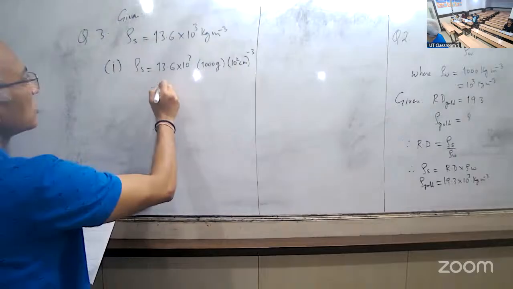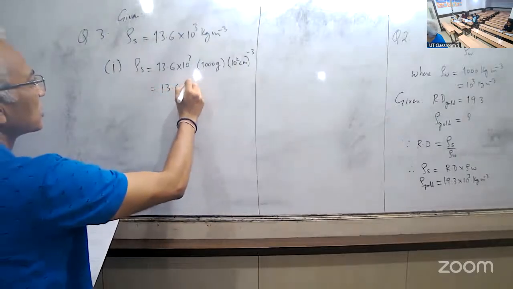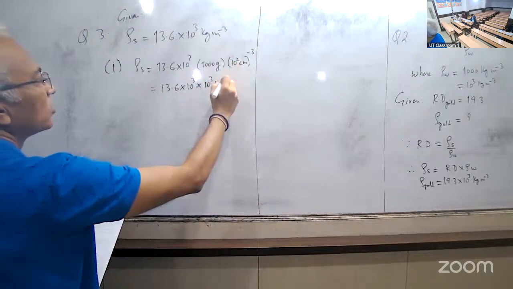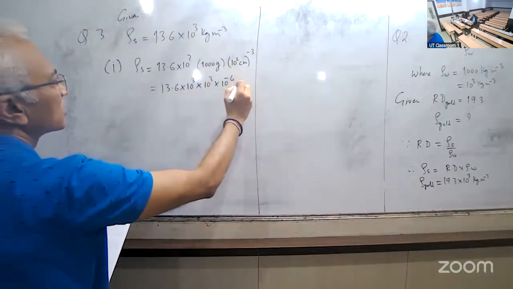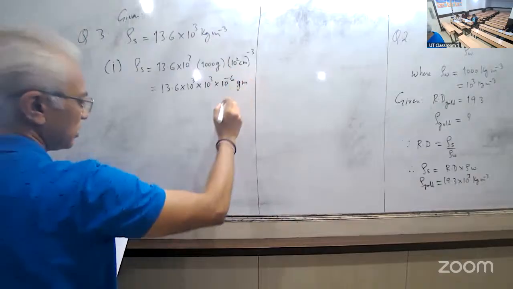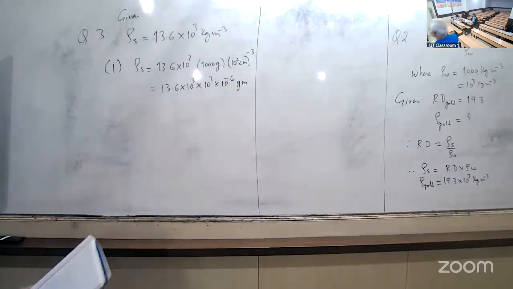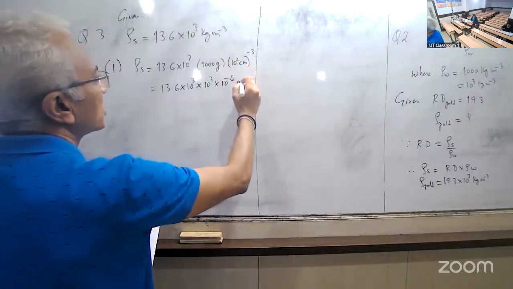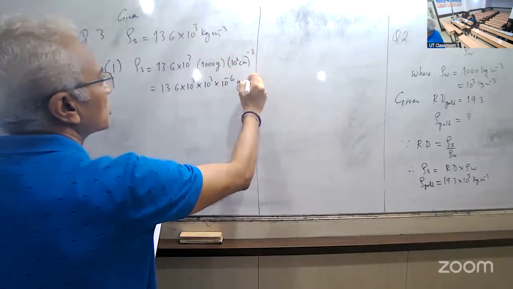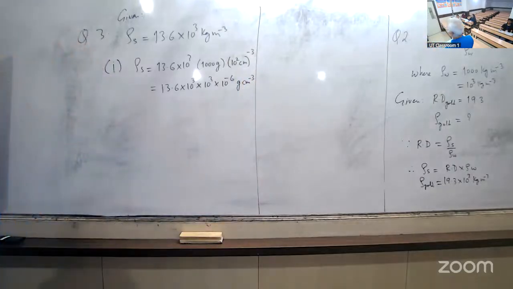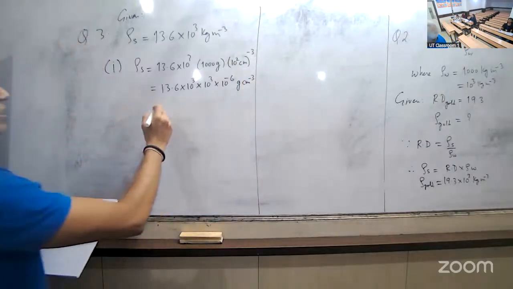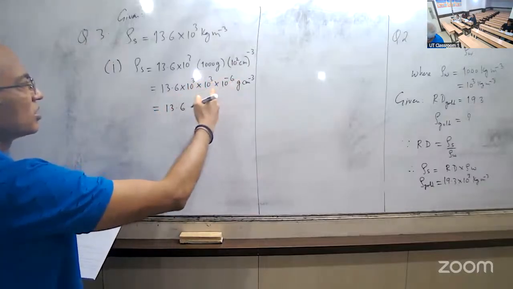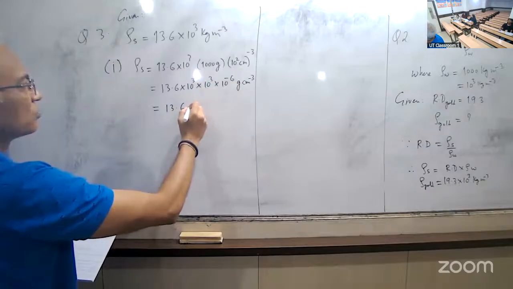So how much is this now? 13.6 into 10 raised to 3 into 10 raised to 3 into 10 raised to minus 6 gram per centimeter cube. 3 plus 3 is 6, minus 6, 10 raised to 0 which is 1.